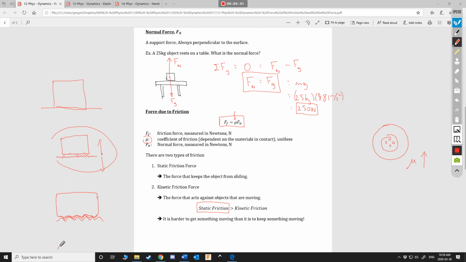But once it starts moving, the grooves are pressing on top, so it's no longer interlocking as much. It's just sliding along that surface without the grooves wedging in between each other. And when it comes to rest, it'll settle in again. So what it works out is the static friction is always bigger than the kinetic friction. It's harder to get something moving than it is to keep something moving.